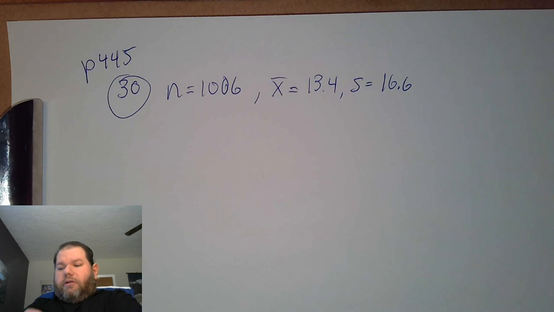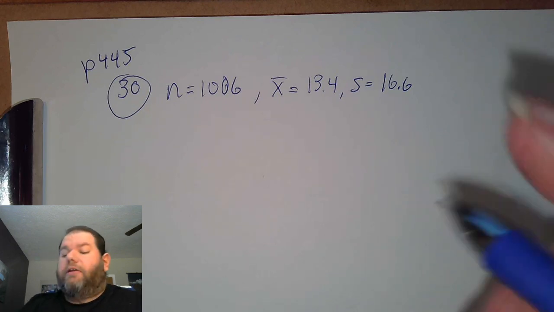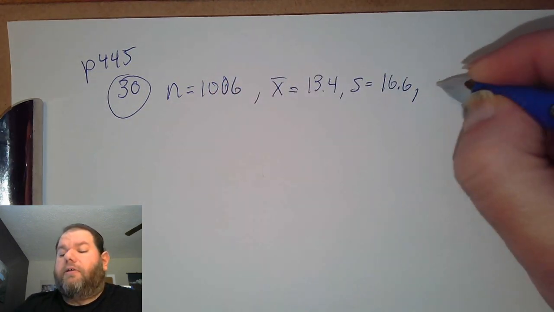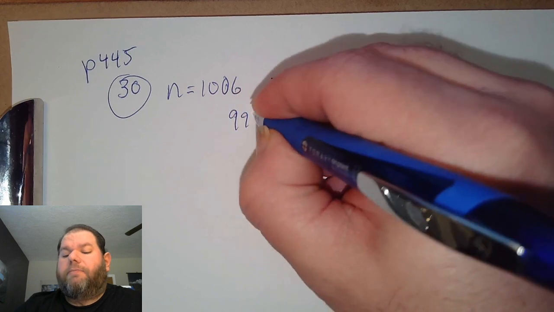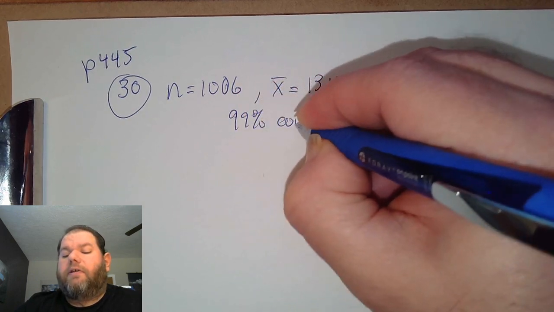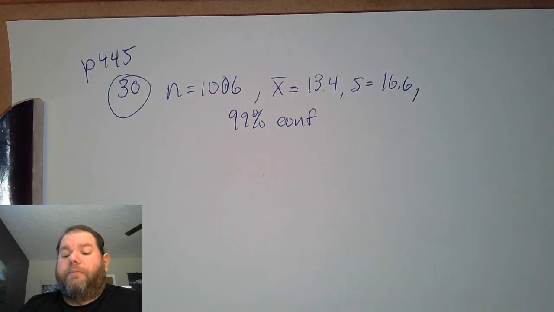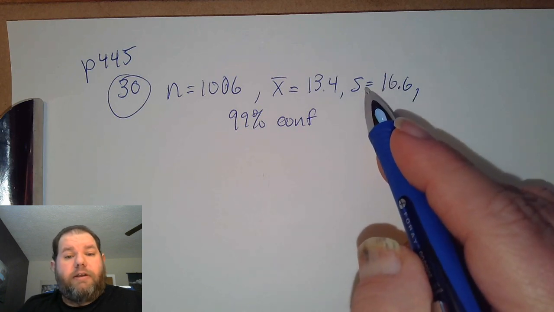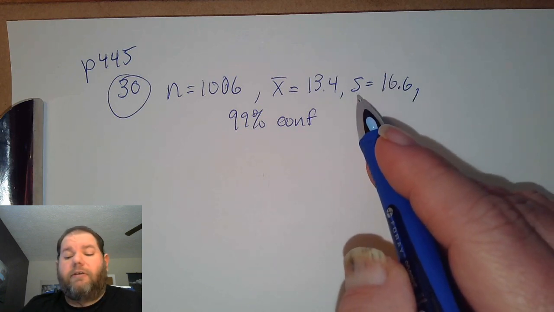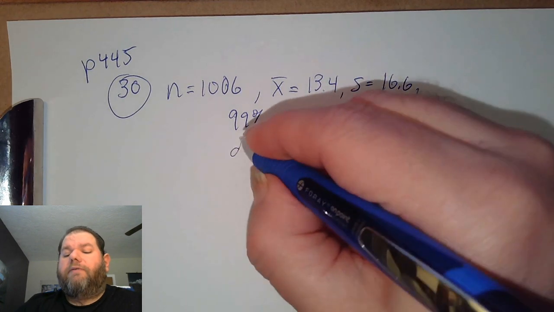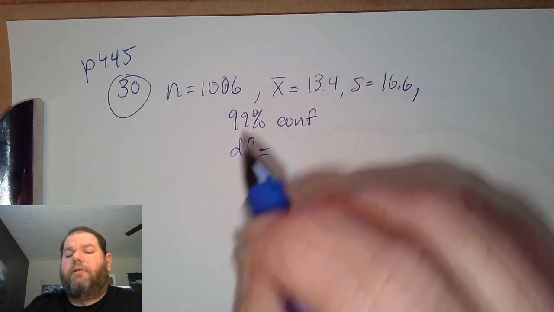Okay, and I didn't write down one other key thing, which was we have 99% confidence. Now, because we're given S and not sigma, sigma is unknown, we have to have degrees of freedom.